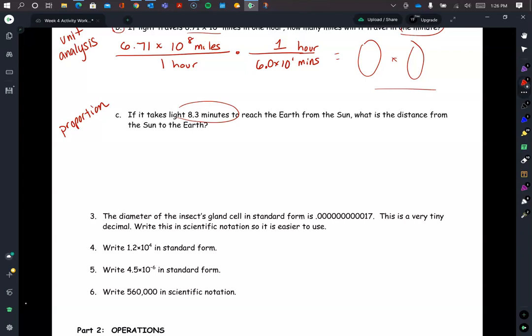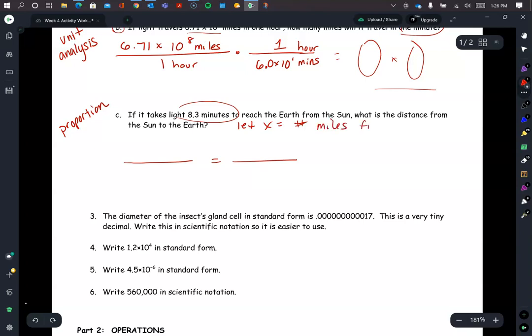So you would want to keep your units to match. So we're setting up an equation this time, and we're going to say let x equals what we're trying to find. So that's the number of miles from sun to Earth. So set up your variable, label your variable, number of miles from sun to Earth.